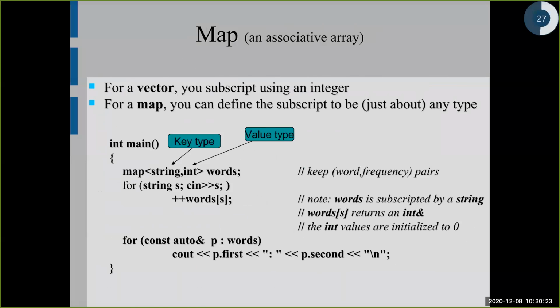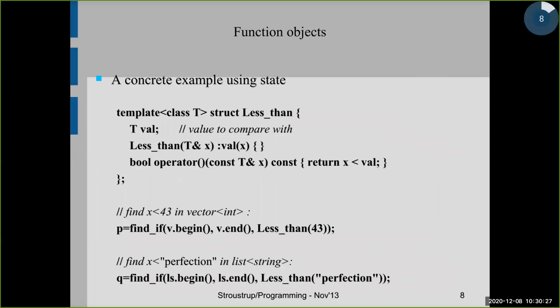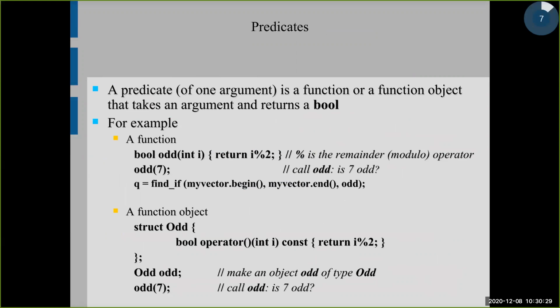Maybe I will go to the slide which I kept. So the predicate is a function or function object, I will explain what the function object is, which takes an argument or arguments and returns bool.